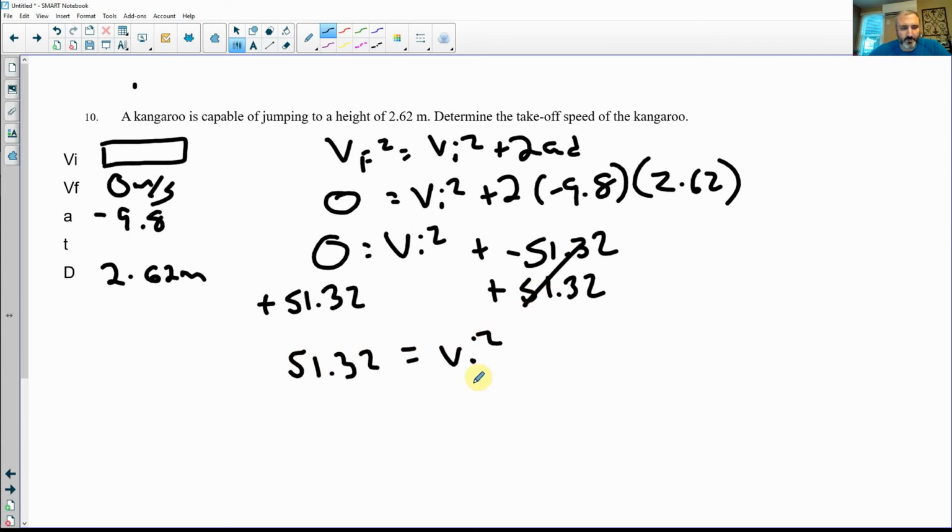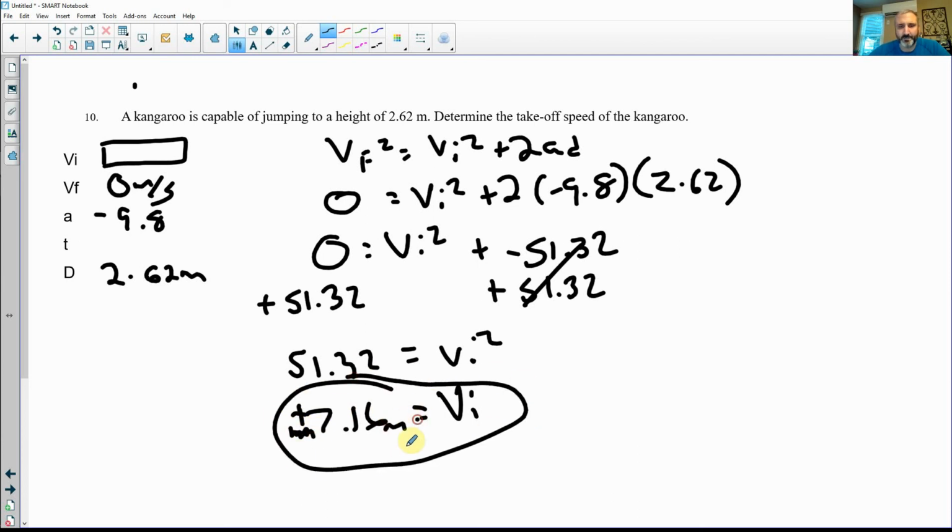And we take the square root of 51.32. That will be VI equals plus or minus 7.16. But because the kangaroo is going up, we're not going to take the negative, we're going to take the positive 7.16 meters per second.